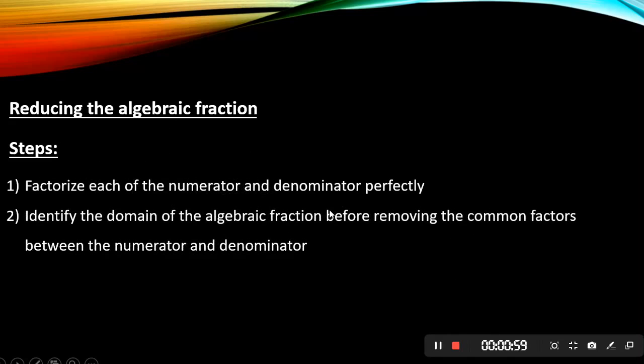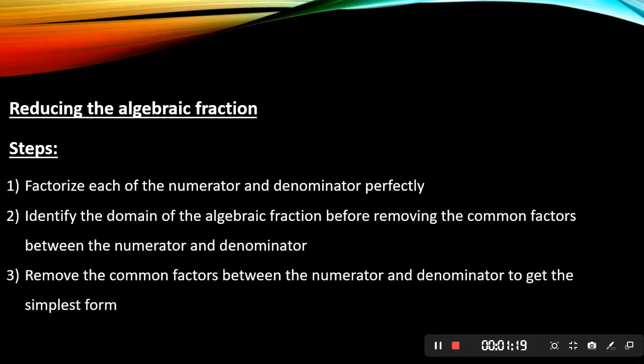Step 2, identify the domain of the algebraic fraction before removing the common factors between the numerator and the denominator. So first step, I have to factorize up and down. Second step, find the domain. Third step, remove the common factors between the numerator and the denominator to get the simplest form for the algebraic fraction.